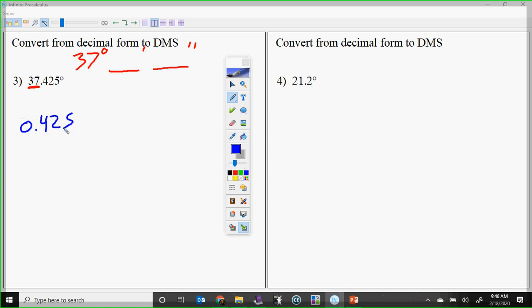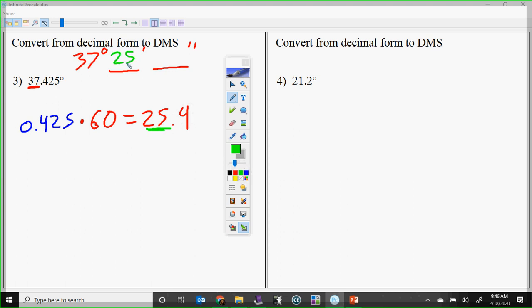Now, I got this decimal from going from degrees to minutes seconds by dividing by 60. So to get rid of it, I want to multiply by 60. Okay, so I'm going to say 0.425 times 60, and that gives me 25.5.